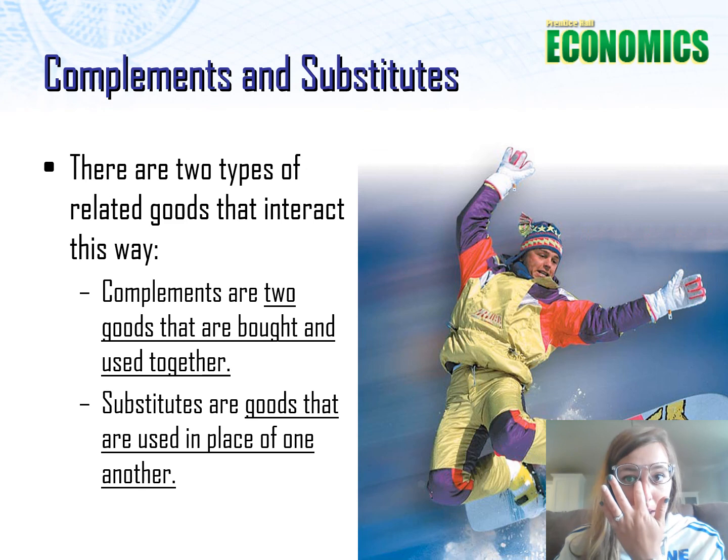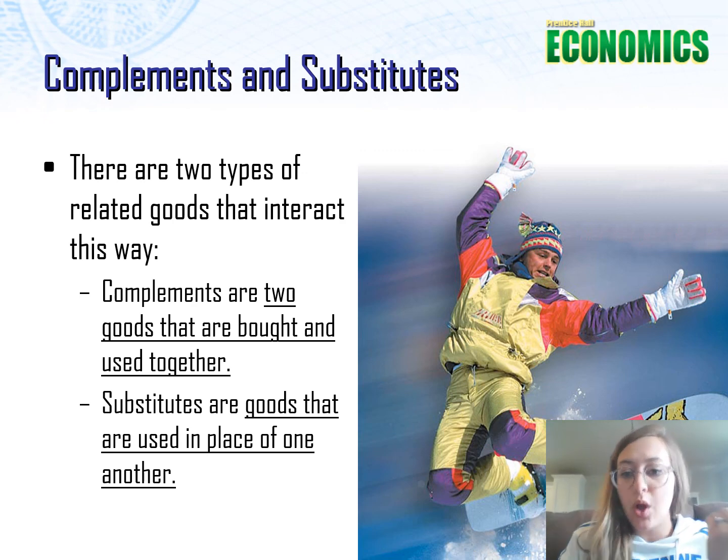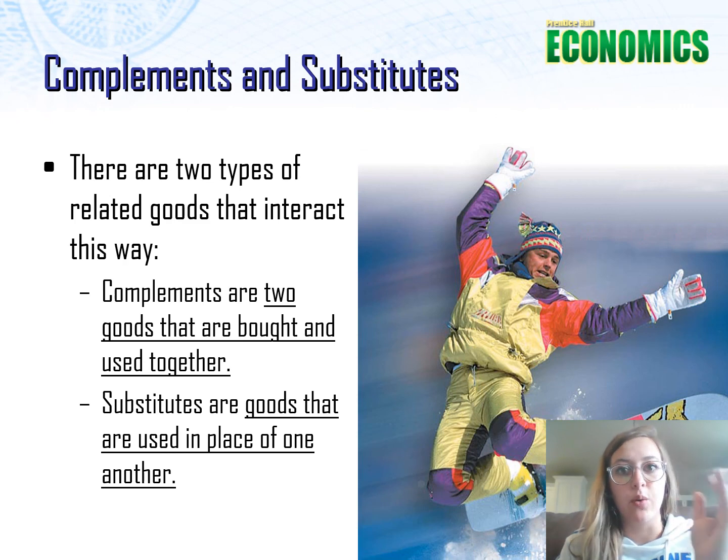Those would be complements because they are bought and used together. So if there's an increase in demand for snowboards, then we will also see an increase in demand for boots because you can't use one without the other. Okay? So the demand curve for one item can also shift in response to demand for another item.